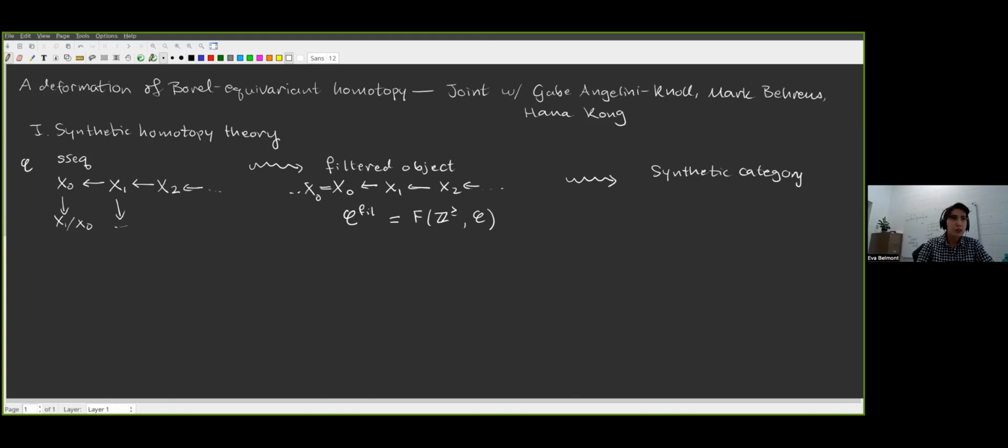Now is the point at which I might want some kind of multiplicative structure. You'll see in the examples that there's no problem with having a good multiplicative structure in the examples we care about. So the kind of category I'm going to construct is modules in the category of filtered objects over this thing X. If X has a good multiplicative structure, this is a thing I can consider.